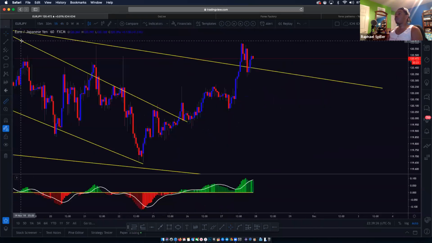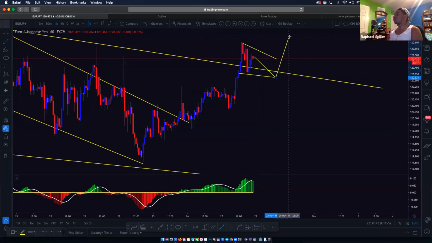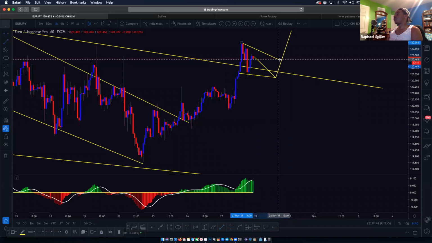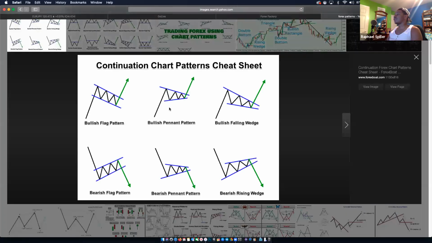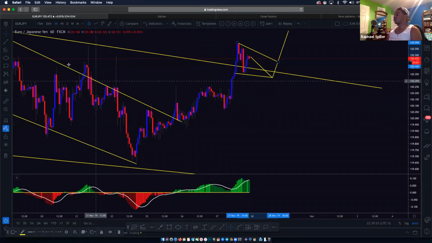If anything, what I would do is I would just wait for another flag to form. Another continuation pattern. That's all it is.